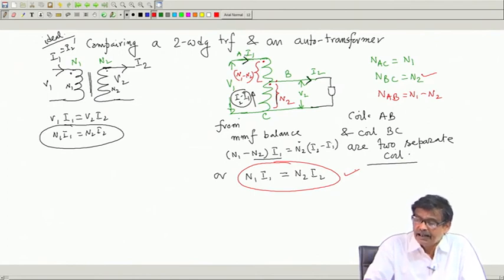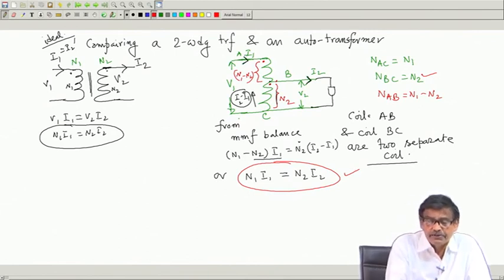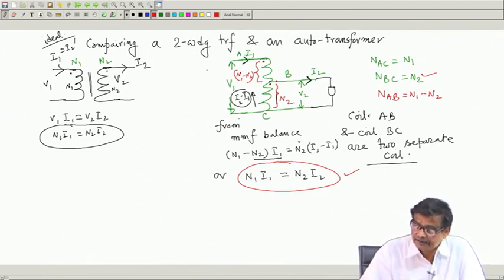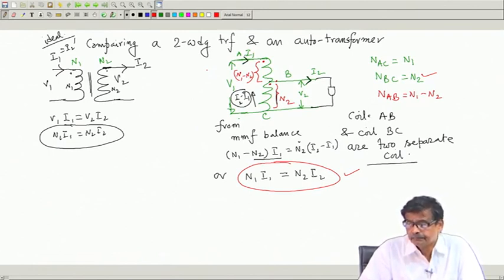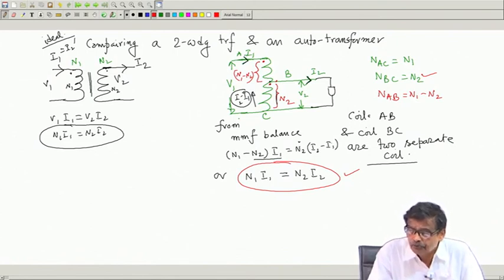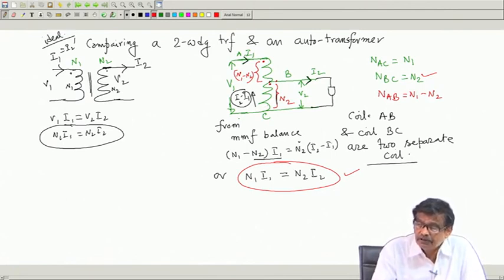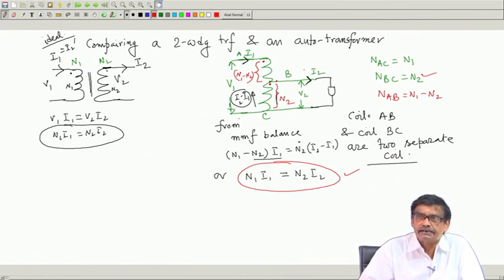What is the KVA? KVA rating is V 2 I 2 or same as V 1 I 1, same KVA, we must compare it. Now, after getting this, the interesting thing is that if you look at this portion of the winding BC, whatever current will flow is not equal to the I 2 current, secondary current, it is not.